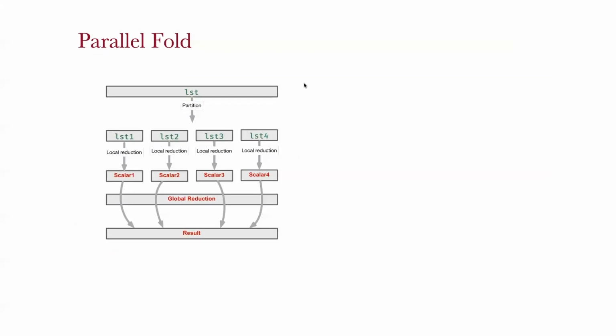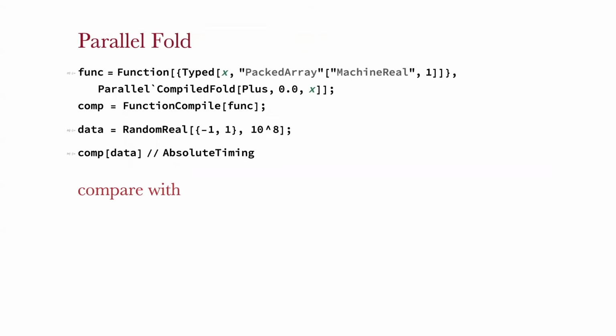Right, let's talk about a parallel fold. Basically you have a list, and then you partition it, and you do work on the individual parts, and then you do reductions. You might do several stages of reductions till you get a result. We can set this up running.